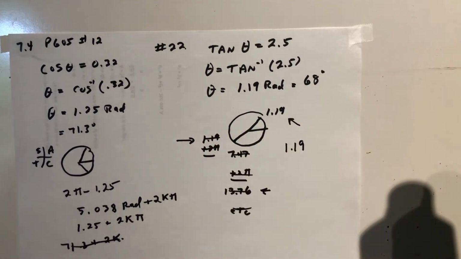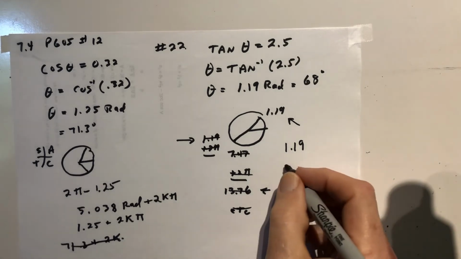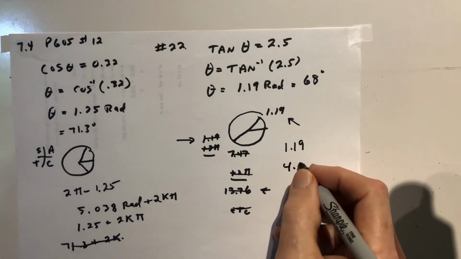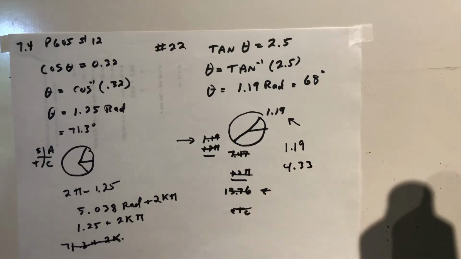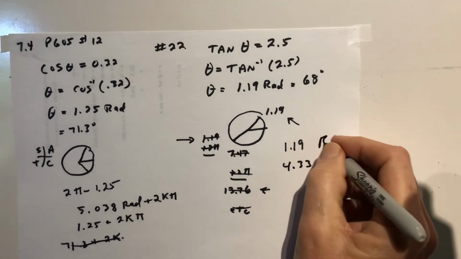And then we have to go halfway around by adding pi. Luckily, I got my calculator today. 1.19, add pi. And you get 4.33 approximately, and these of course are in radians.